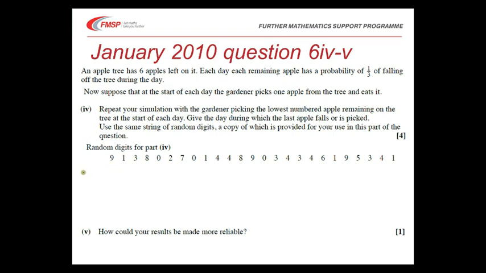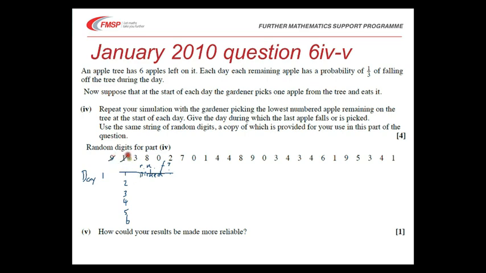So, let's have a go through this. Day 1, we've got apple number 1, 2, 3, 4, 5 and 6. We've got a random number and we've got a question as to whether it falls. Now, at the start of day 1, apple 1 is picked. So that's gone. We can then fill in our random numbers.